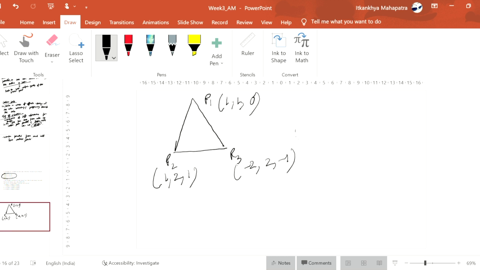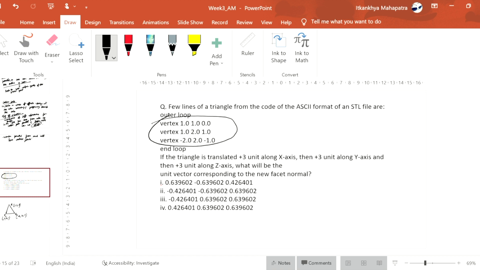Now, it is asked that we are translating along the x-axis 3 units, along the y-axis 3 units, and along the z-axis 3 units. What will be the unit vector corresponding to the new facet normal? We have a rule that in translation, the normal will not change, whether it is with respect to the x-axis, y-axis or z-axis.